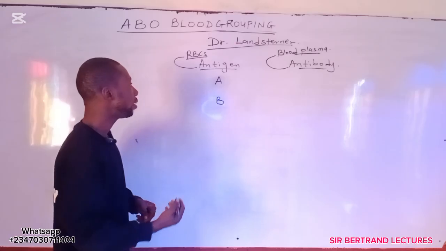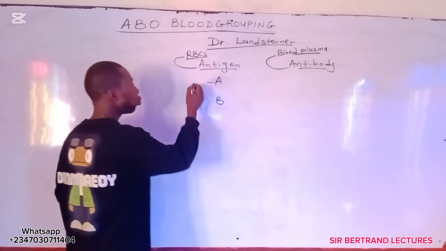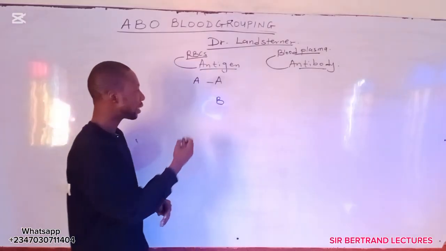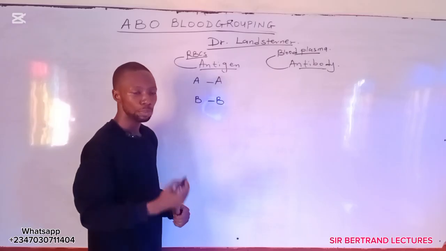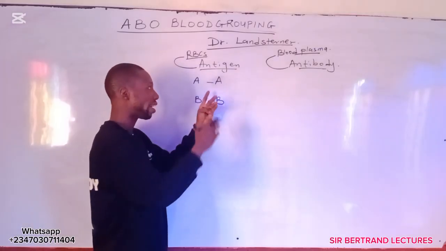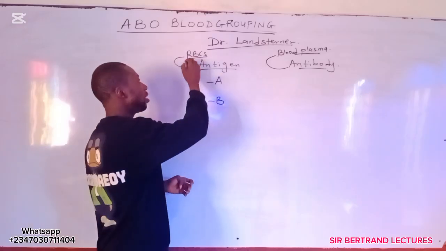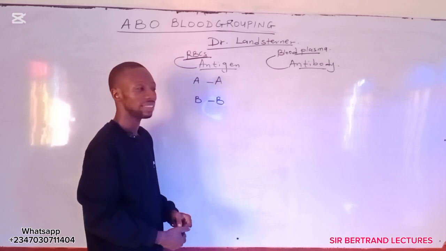People that have antigen A belong to blood group A. People that have antigen B belong to blood group B. These antigens are found on the surface of the red blood cell, which is known as the erythrocyte.